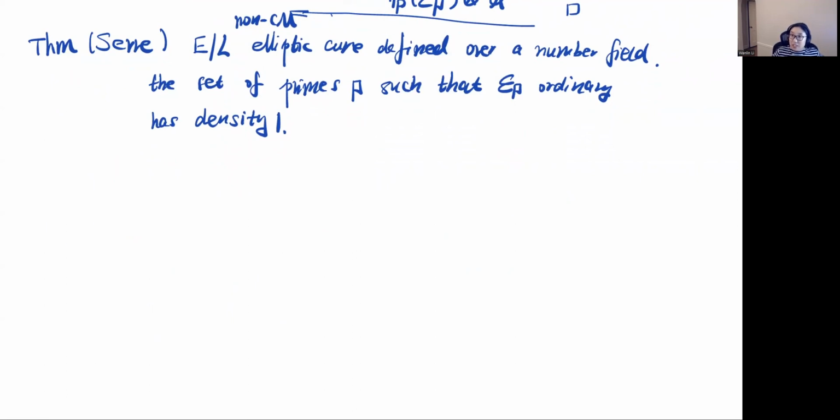But on the other hand, from Lang-Trotter's heuristic, we expect there are infinitely many primes at which the reduction is supersingular. And this is exactly what Elkies showed. And this is the theorem I want to discuss the proof of today. So Elkies: we're going to state the variant over Q. Let E over Q be an elliptic curve.